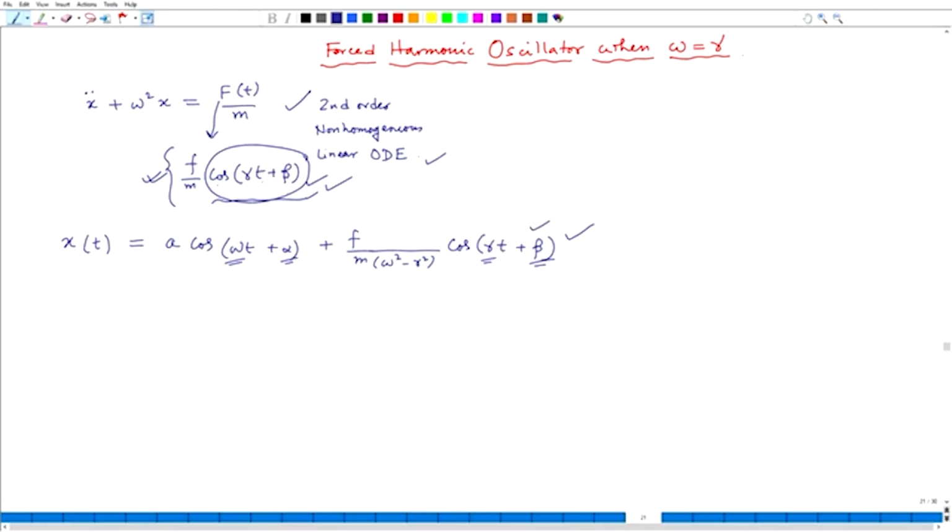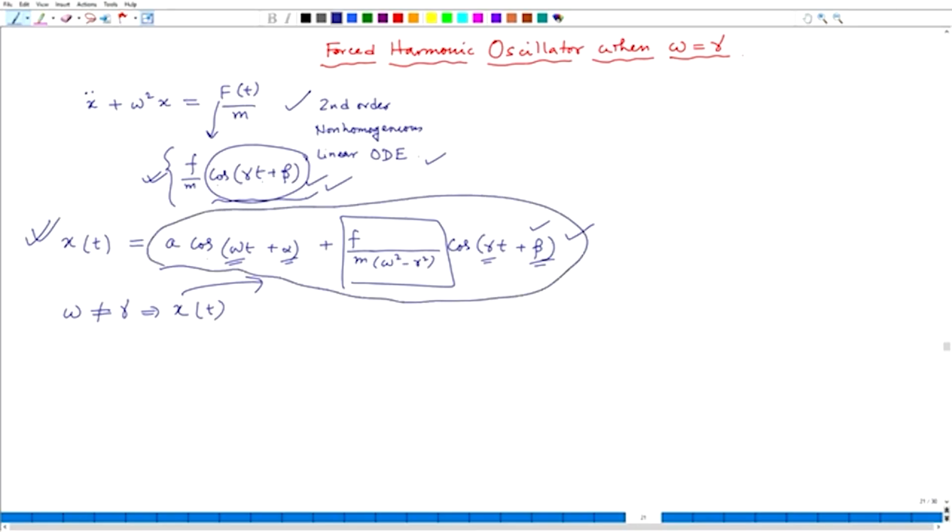Now, whenever this type of equation is trustworthy, we can expect that this part is well behaved. That means in other words, whenever omega is not equal to gamma, then we are saved. Then your x t is given by this solution.